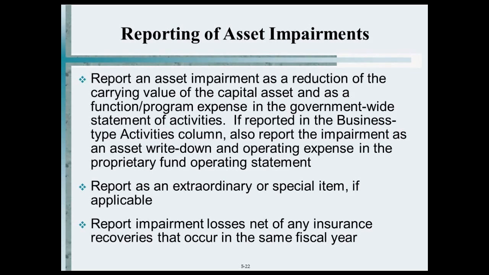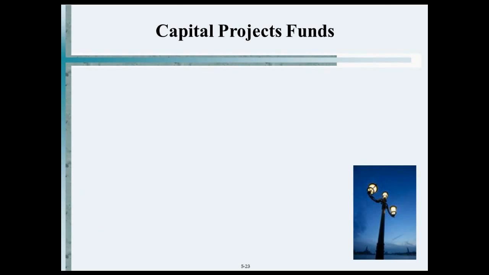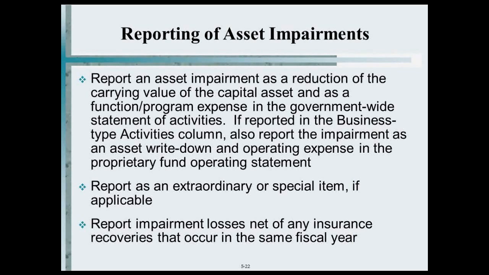That's where I'm going to. Okay. Yep. And I'm crediting the building because that's the amount of the impairment. Yeah, that's the asset. See this last sentence? Report impairment losses net of any insurance recovery that occur in the same fiscal year. Okay, that's what I was referring to earlier.